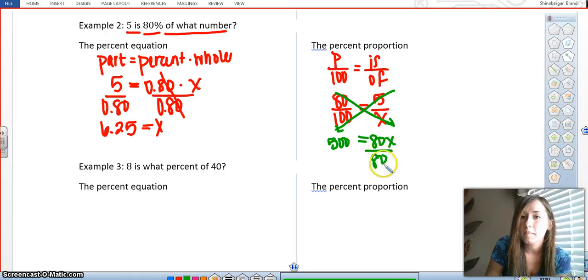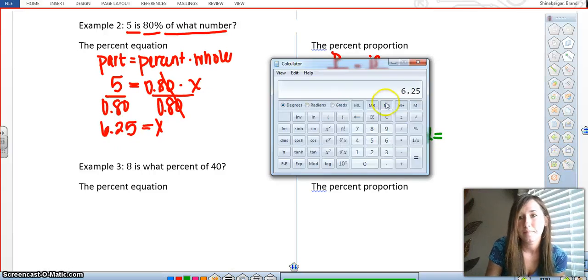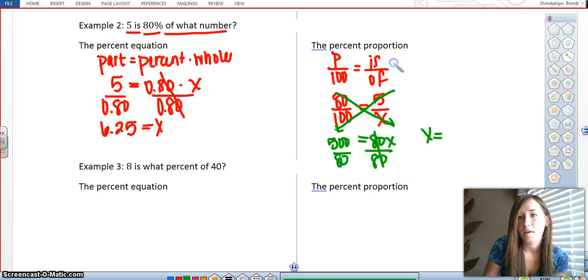To solve, I divide by 80 on both sides. 500 divided by 80 is, again, 6.25. So whatever method you like, you can start using it.